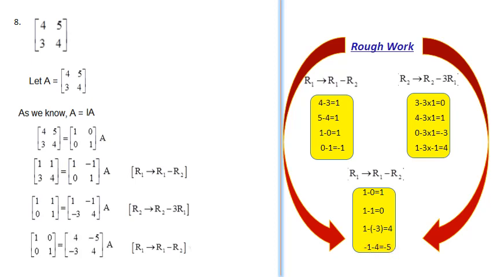So the matrix becomes 1 0 0 1 equal to 4 minus 5 minus 3 4 into A. So A multiplied by a particular matrix gives us the identity matrix. That means this matrix is the inverse of A, that is 4 minus 5 minus 3 4. Hope it is clear.